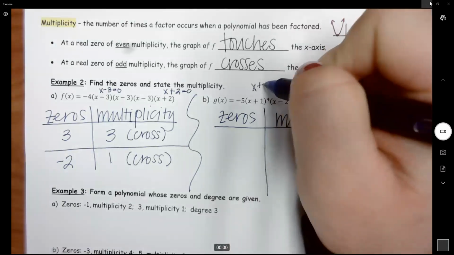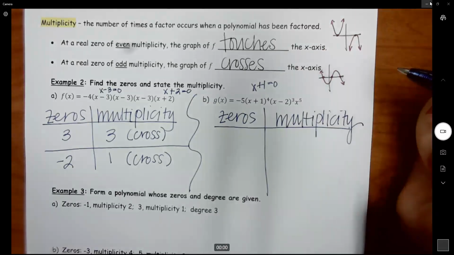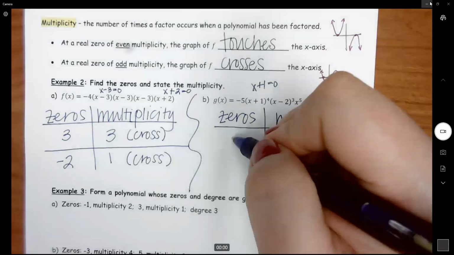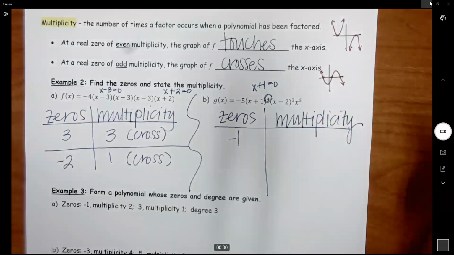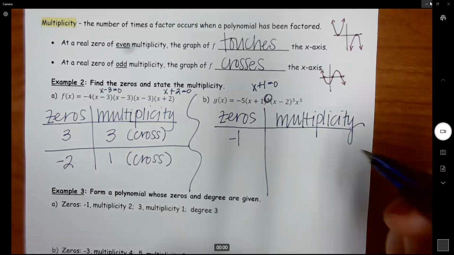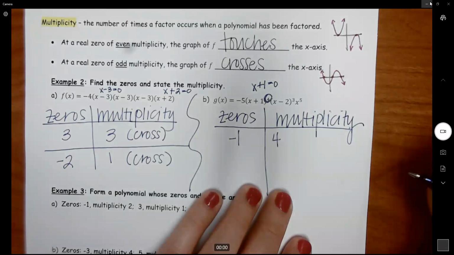So again, if you set x plus 1 equal to 0, you're going to subtract that 1 over, and we get a 0 at negative 1. Its multiplicity is the amount of times that it's occurring, which is 4. So I have a multiplicity of 4.